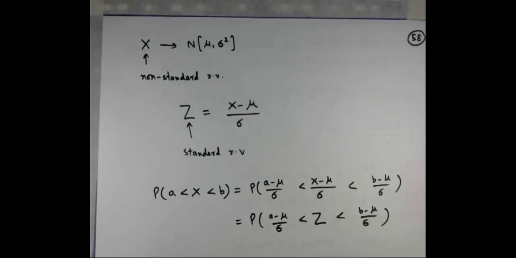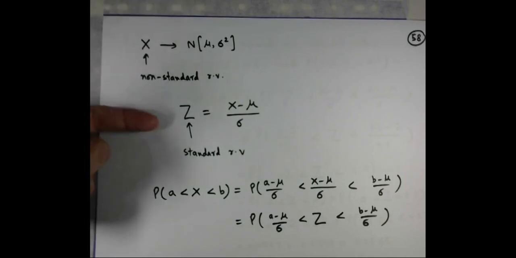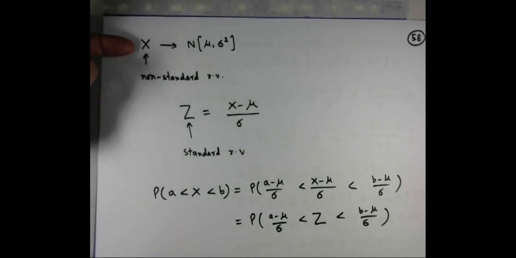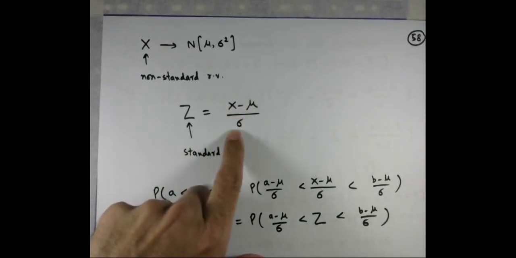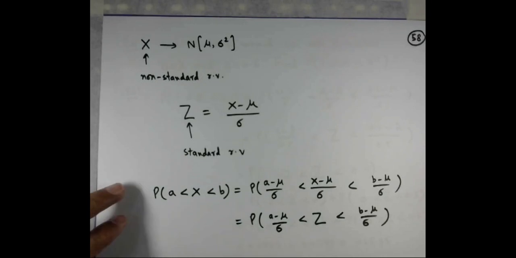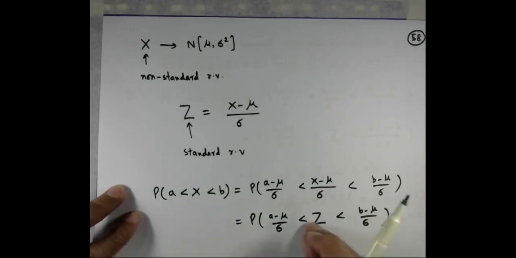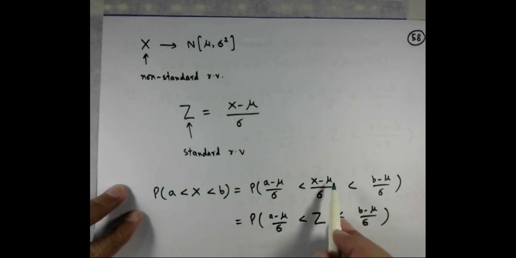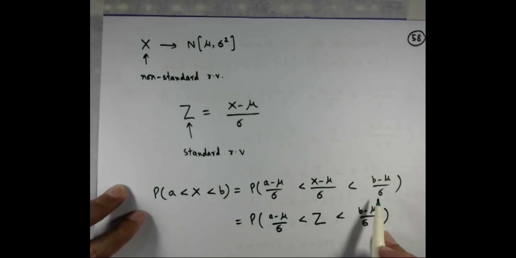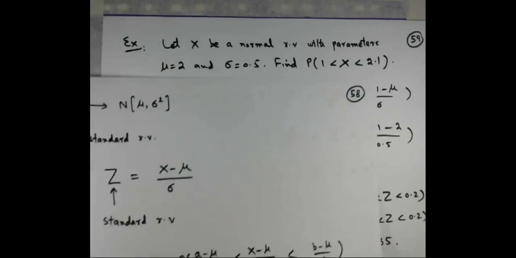And then we saw how we can create a standard random variable from a non-standard random variable by simply subtracting the mean and scaling it with 1 over sigma, and then for any range you can simply standardize all that range by transforming this x as such, making it standardized one, and doing the same procedure with the endpoints of your interest, A and B. So now this is in the standard form.